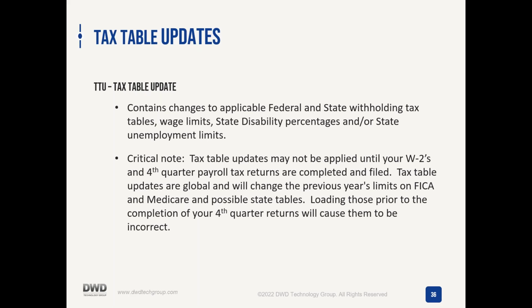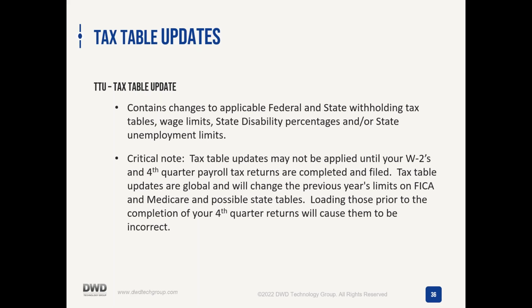The tax table updates should not be applied until your W-2s and your fourth quarter payroll returns are completed and filed. The reason being is that the limits, especially the FICA limit, which has been increasing here lately, I think it's well over $100,000 now.